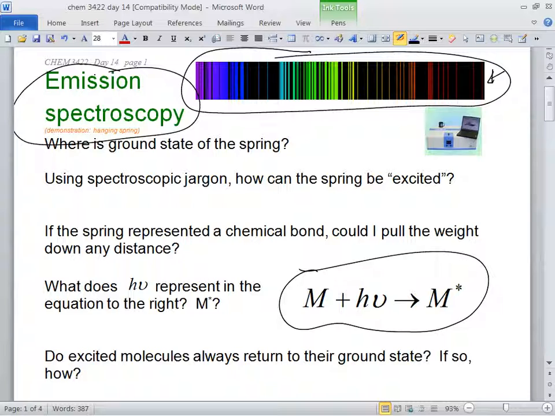Do excited molecules always return to their ground state? What would you guess, Brandy? Not always, but they can. If it didn't return to its ground state, then you would have a new ground state, right?